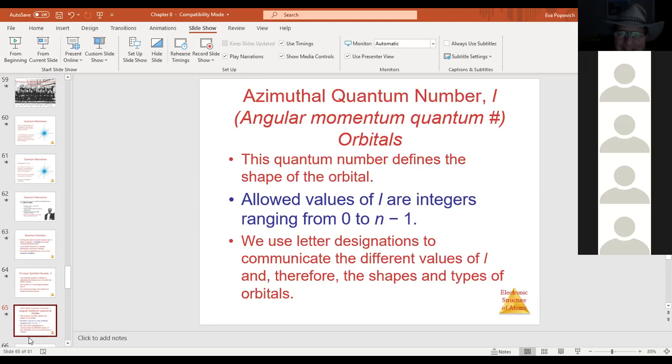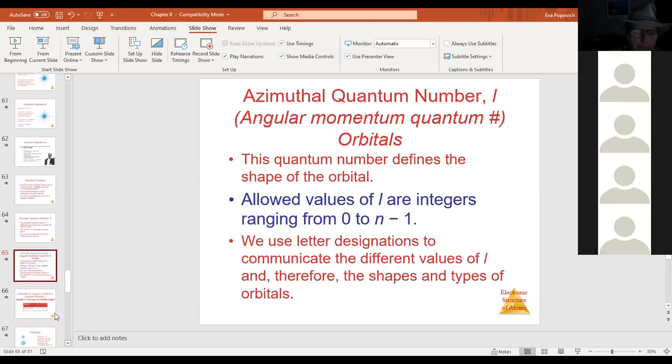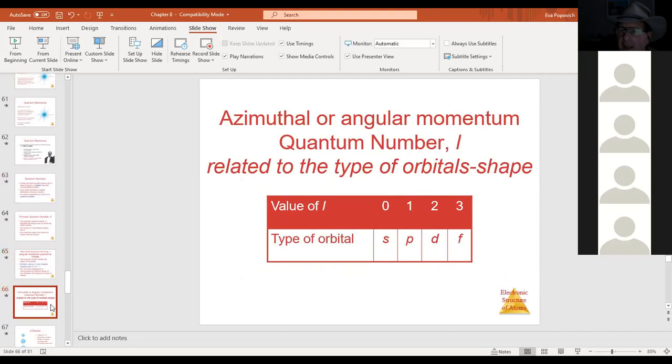We can also use letter designations, and these are the things you're familiar with. We can use letters to designate the value of L. And now we're back into familiar territory for you.